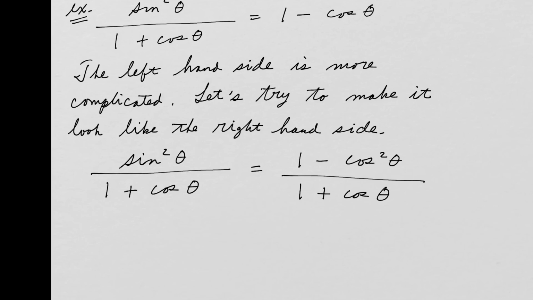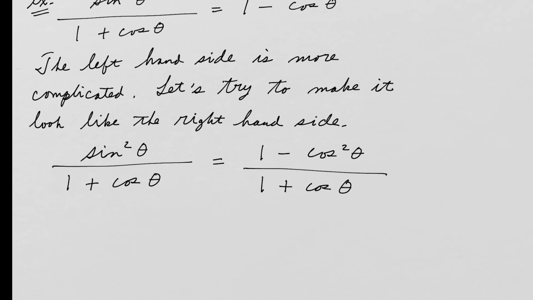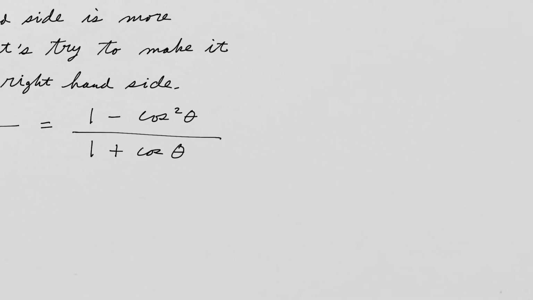Now here's something that, again, it may not be obvious, you may not recognize this. This kind of comes with experience. See how the numerator is like something squared, I'll call it a squared, minus something squared, minus b squared, right? Because 1 is 1 squared, cosine squared is cosine of theta squared. Well, that factors into a plus b times a minus b, right?